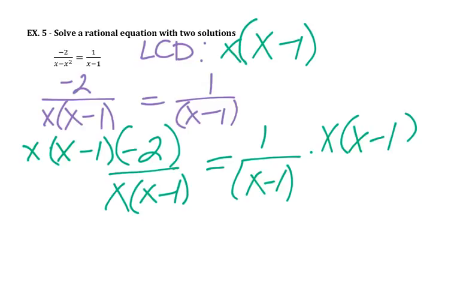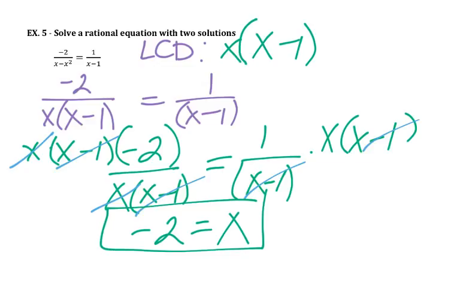All right, we can start canceling. So x and x cancel, x minus 1 and x minus 1 cancel, x minus 1 and x minus 1 cancel, and I am left with negative 2 equals x. So that worked out really nicely, and we're done.